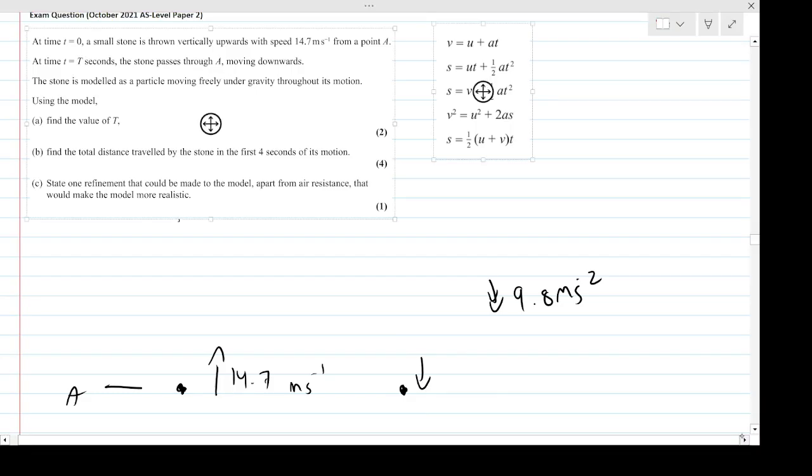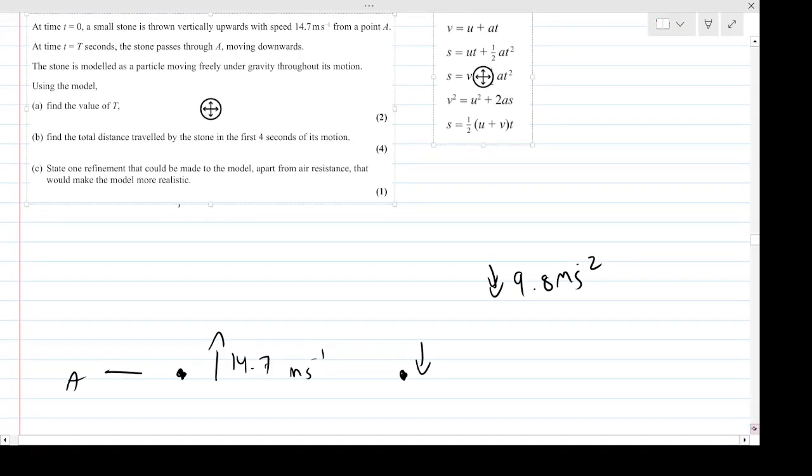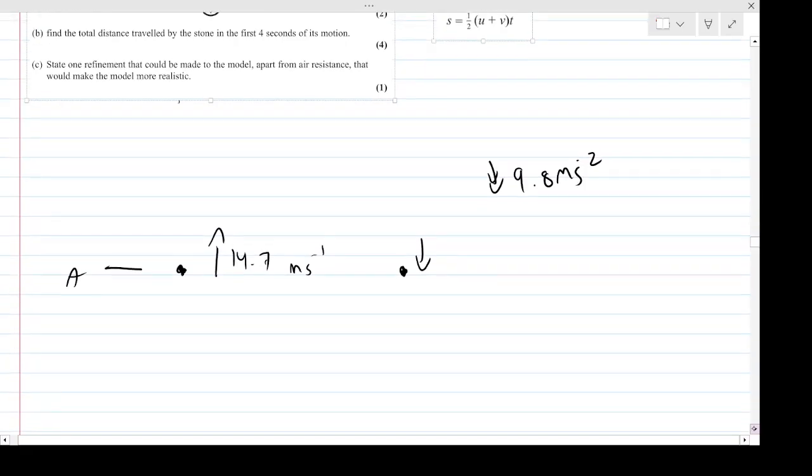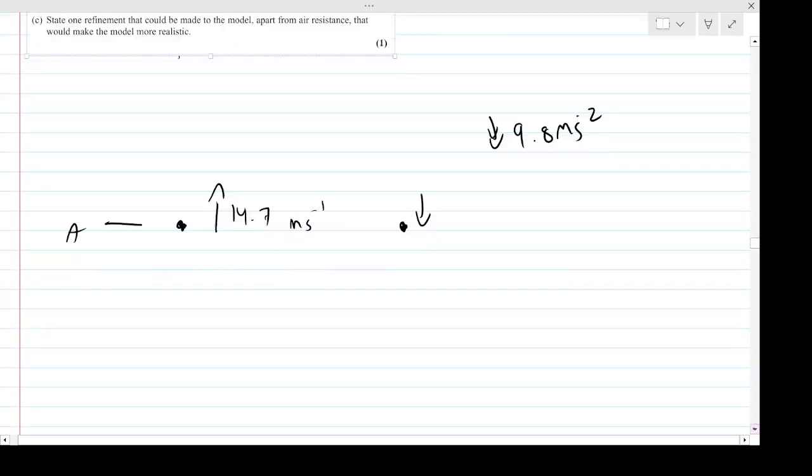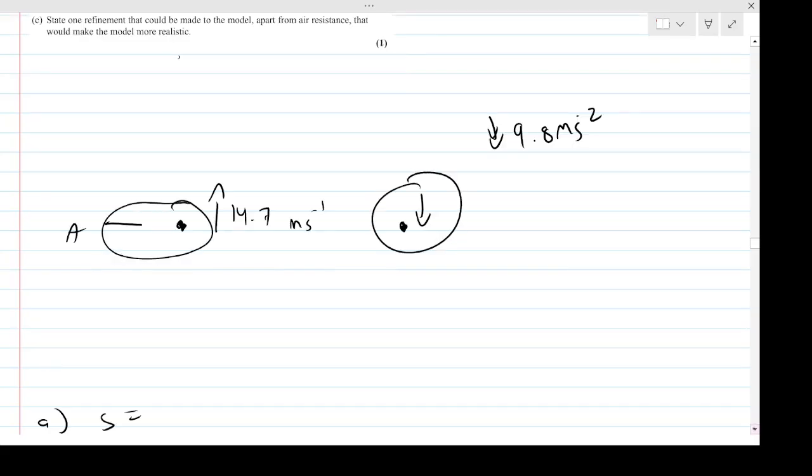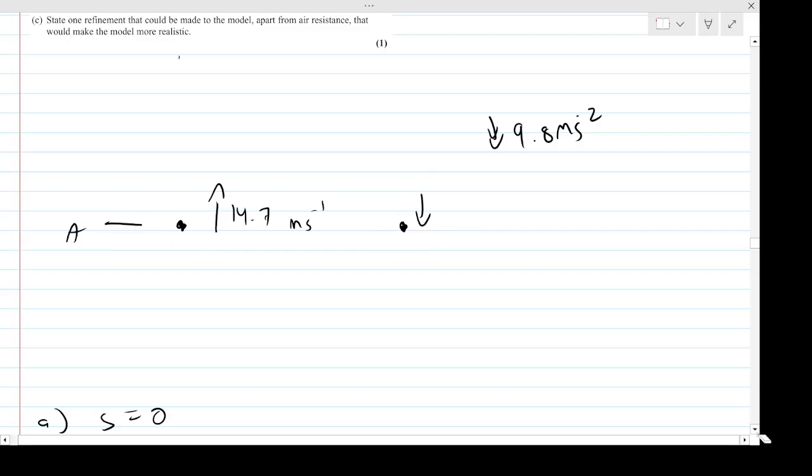So if I started at the point A and end at the point A, displacement wise, I've not gone anywhere away from A from the start to the end, because I'm at the same point essentially.